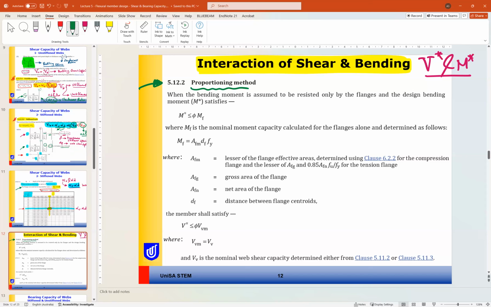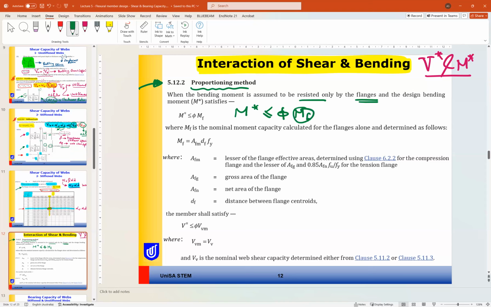For the proportioning method, the bending moment is assumed to be resisted only by the flanges. The design bending moment shall satisfy M asterisk less than or equal to phi Mf. Before, when we considered the beam only under bending, it was M asterisk less than phi Ms and phi Mb.